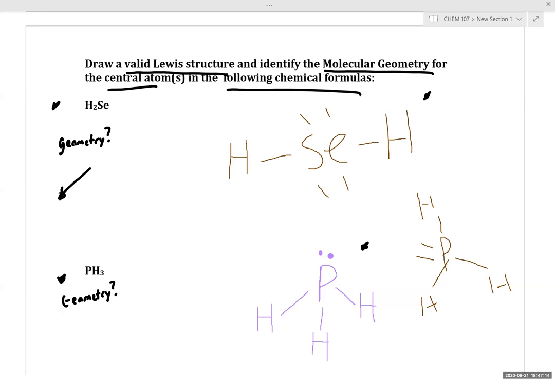You said it needs to be more precise, so I'm looking at the chart. I should have said bent tetrahedral. Yes, or you just call it bent. Got it. All right. Okay, I see what I missed. Thank you. Let's try to get a few more responses in the chat for the molecular geometry for these 2 molecules, and then we'll discuss in about another 30 seconds to a minute.